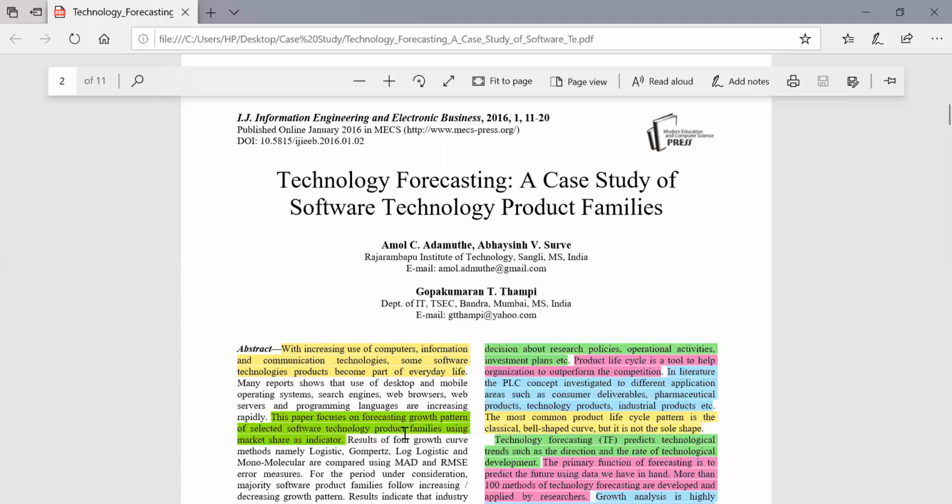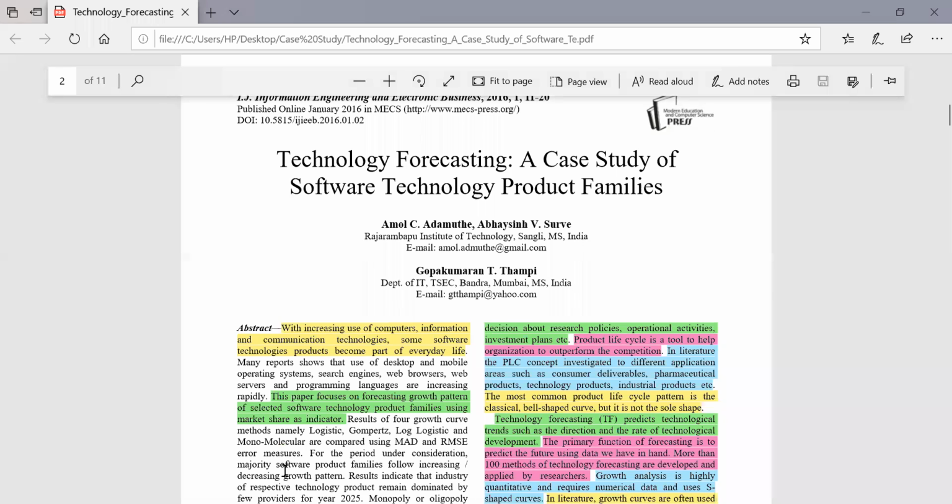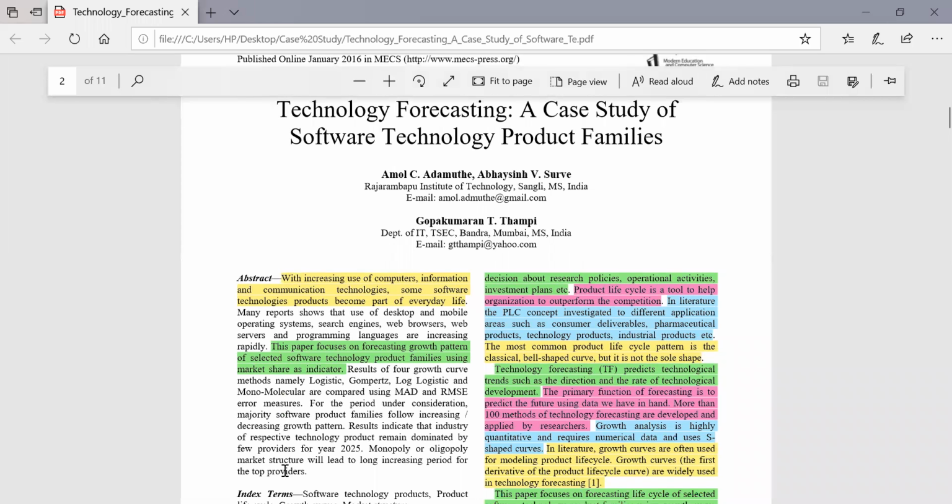The results mainly cover growth curve methods, namely logistic, Gompertz, log logistic and monomolecular, which are compared using error measures. We have usually studied one growth curve, which is bell shaped and has 5 stages. Apart from that, there are many other growth curves which have evolved and been developed also. So you should be aware that the life cycle you know, the 5 phases of product life cycle management dealing with the growth curve: initiation, introduction, growth, maturity and decline, is not the only one.